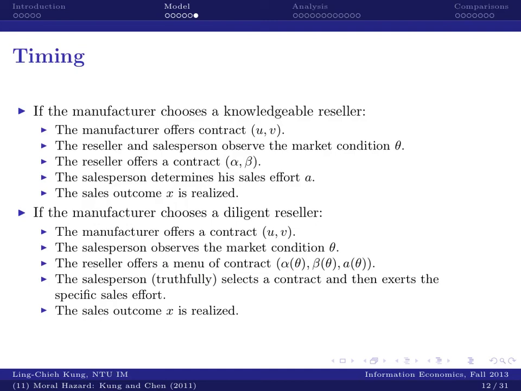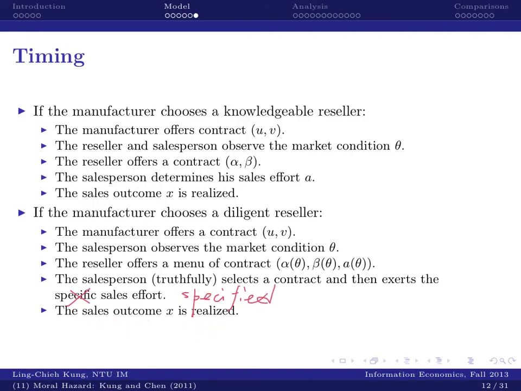Also, there will be three things specified in the contract: not only the fixed payment and commission rate, but also the effort level, because now effort is observable and thus contractable. Then the salesperson will, we know in equilibrium, truthfully select the contract and then exert the specified sales effort. And then finally the sales outcome would be realized.